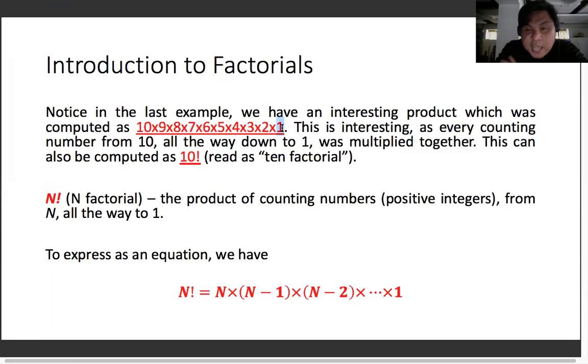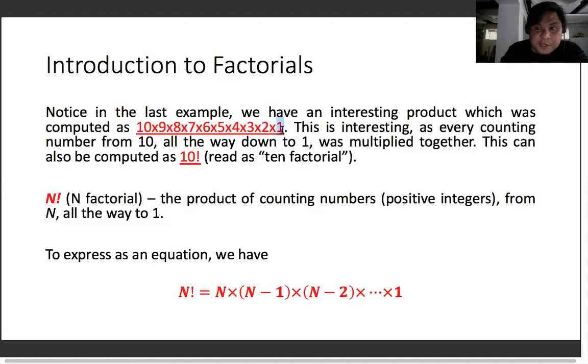Now this process is actually very interesting, and they introduced a mathematical operation that does the same process, and it is referred to as the factorial. The way a factorial works is, given a particular number, if you took its factorial, you have to multiply that number with all other counting numbers less than that until you get to 1.